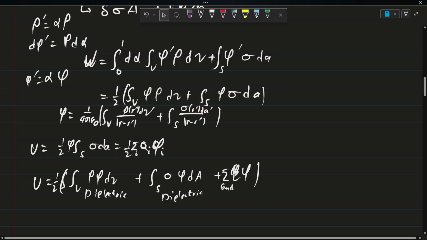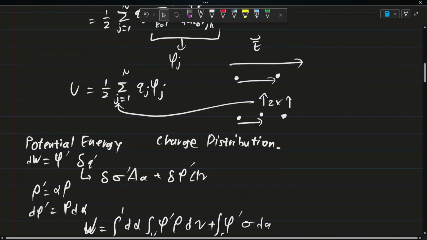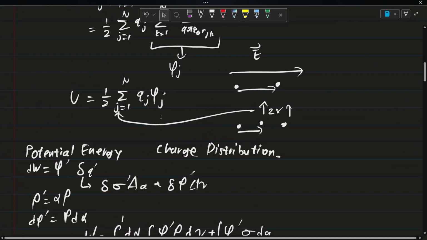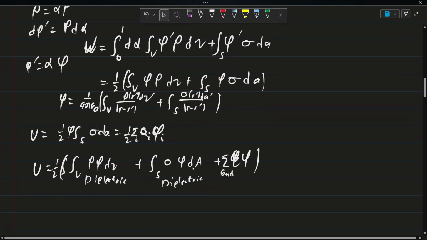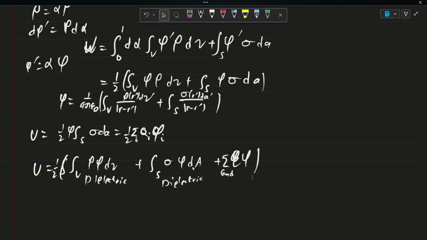At the bottom, you see that there's this q phi, but there is also this rho phi as well as the sigma phi. And this corresponds to the self-energy when you try to implement a charge distribution. But anyways, you could also prove this by assuming that the point charge is very small, such that there are infinitesimal charges that you could put into something like this, in which there's the charge density and the scalar potential. So that's the potential energy for a charge distribution.